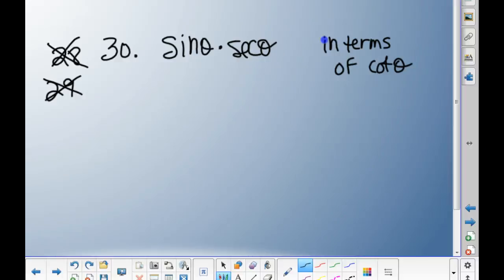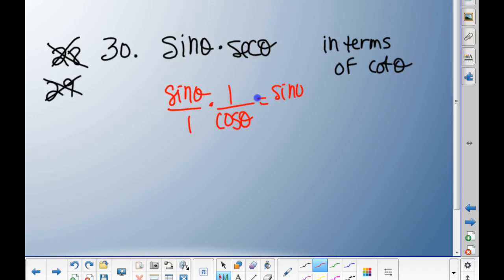And when you do this problem, this is just sine over 1, and secant is what? 1 over cosine. So most of us would have said, well, that's sine over cosine, which is what, guys? Tangent. Okay. How do you write that in terms of cotangent? 1 over cotangent. Okay, 1 over cotangent.